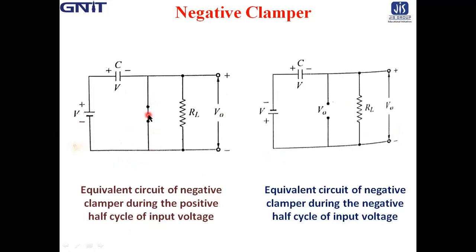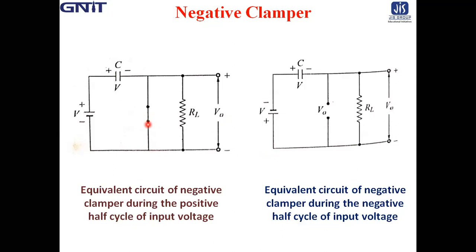See here, during the positive half cycle, the capacitor will be charged almost instantaneously to a voltage of V volt, as the charging time constant, say τC equal to RF times C, is very small owing to the negligible forward resistance of the diode.